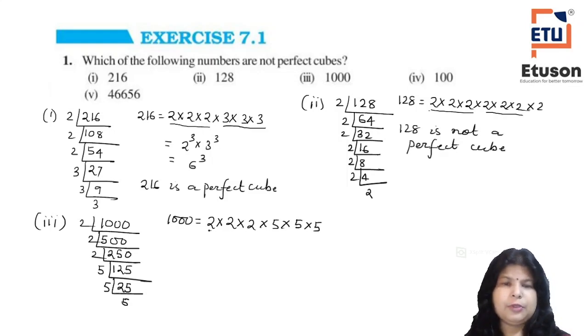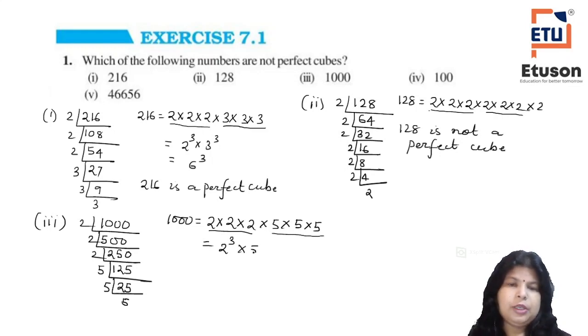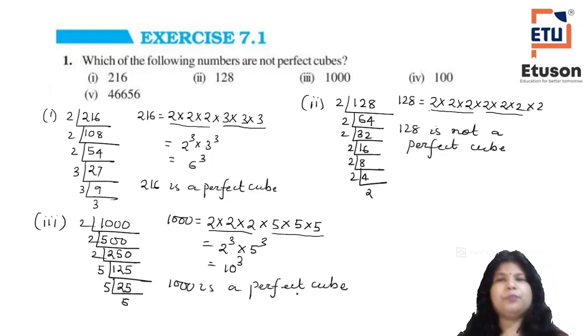Now let us form the set of 3, or triplets. So you could form the triplets, that is 2 cube into 5 cube, and it is cube of 10. So 1000 is a perfect cube.